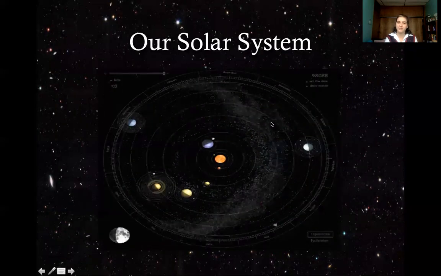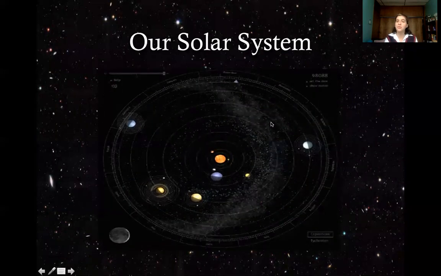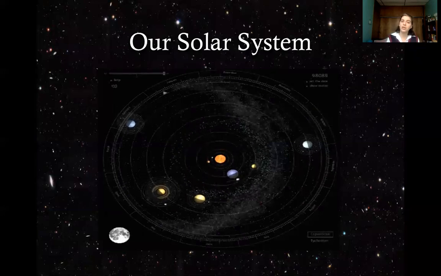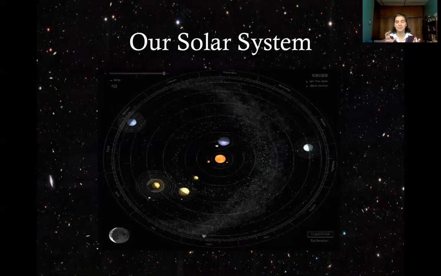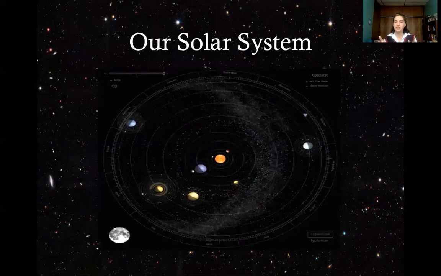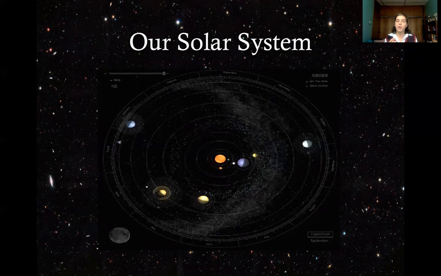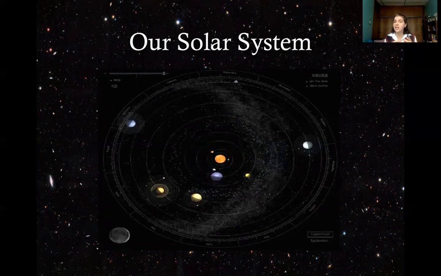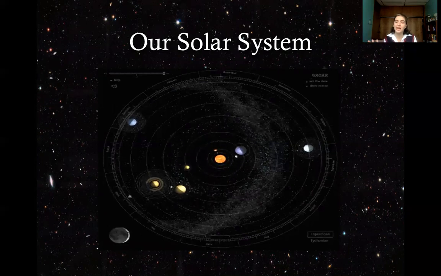Now, our solar system. Our solar system is composed of 8 planets. They all have different revolution periods. Some of them have satellites, natural and artificial satellites, and they revolve around our planets. In the case of the Earth, we have one satellite, which is the Moon. It's a natural satellite.